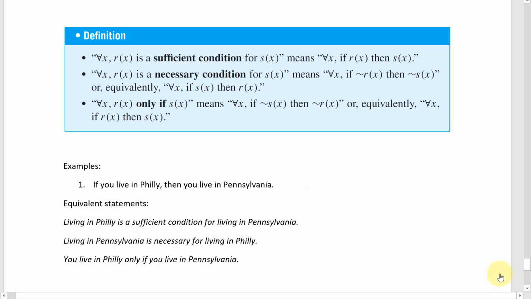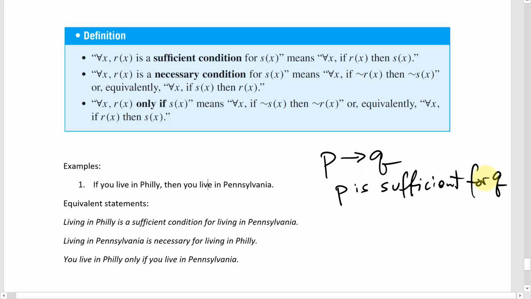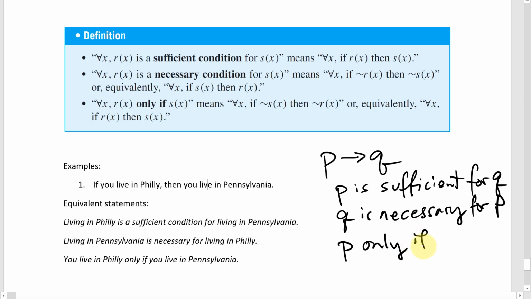So basically the rule that I'm using is if I have a conditional which can generally be put in the form P implies Q, I could say P is sufficient for Q. In other words, I could say if P then Q, or P is sufficient for Q, or Q is necessary for P, or I could say P only if Q, or just if P then Q. So all of these are the same.